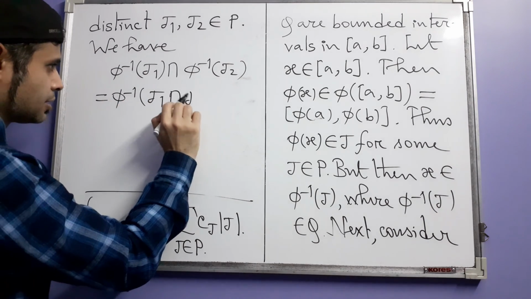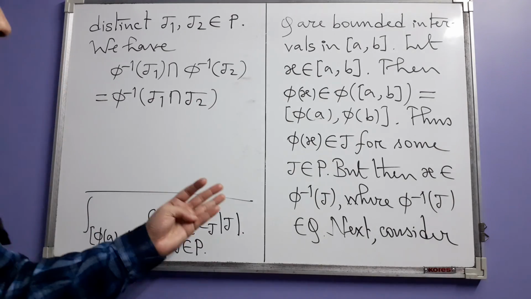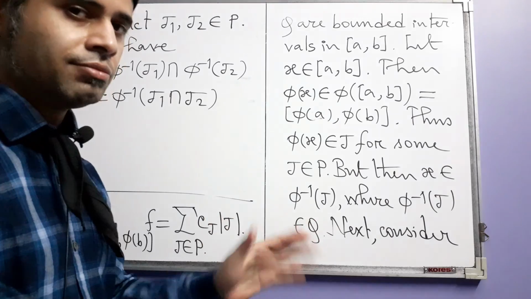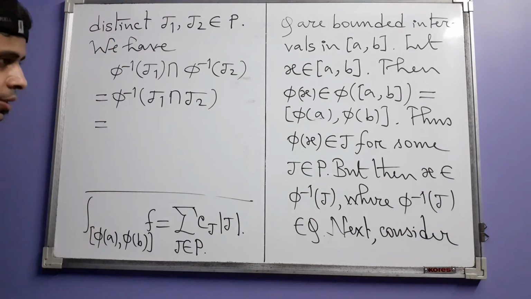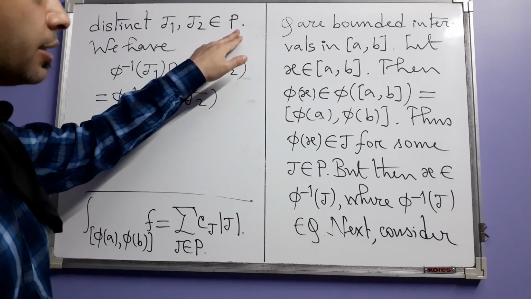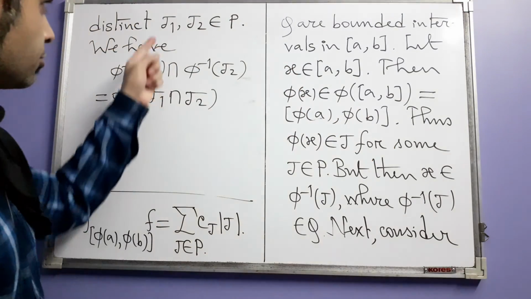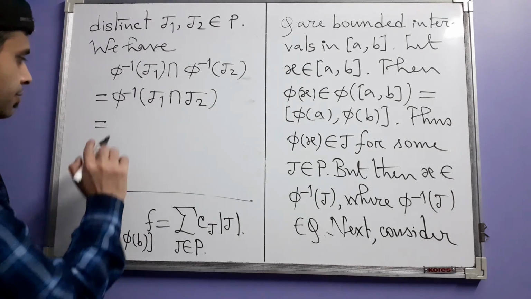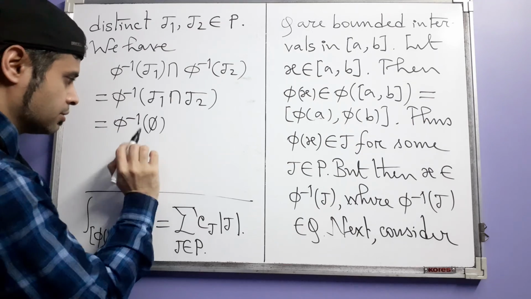Having inverse images is a blessing, because inverse images behave well with union, intersection, everything. Okay, so you have this. Now J1 and J2 are distinct elements in P, and P already is a partition of this interval, so they are disjoint, and that is why it is this.